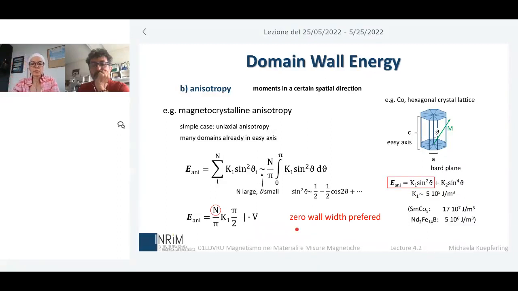In any case, what we find immediately is that anisotropy prefers an infinitely small wall, possibly a zero-width wall, an immediate change from the easy axis pointing up to the easy axis pointing down. So if n is 0, then this will be a minimum.